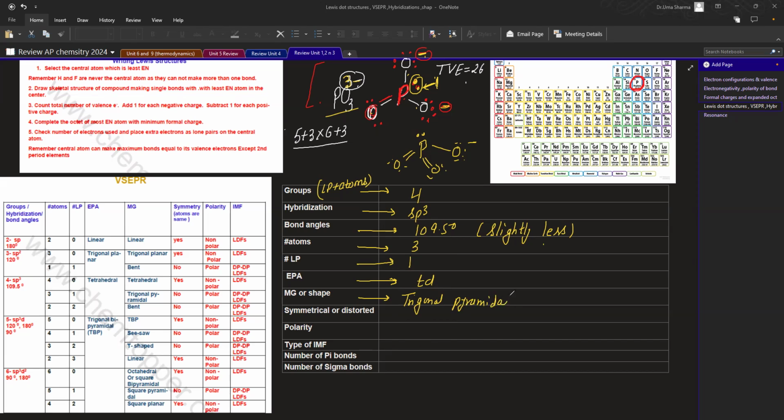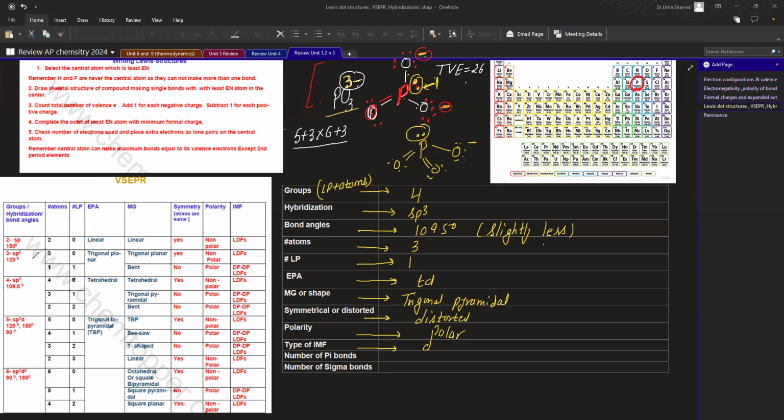Trigonal pyramidal. Is it symmetrical or not symmetrical or distorted? It is distorted by lone pair. Is it polar or non-polar? It's polar. What type of IMF? Dipole, yes, very good. But you are not going to say dipole.